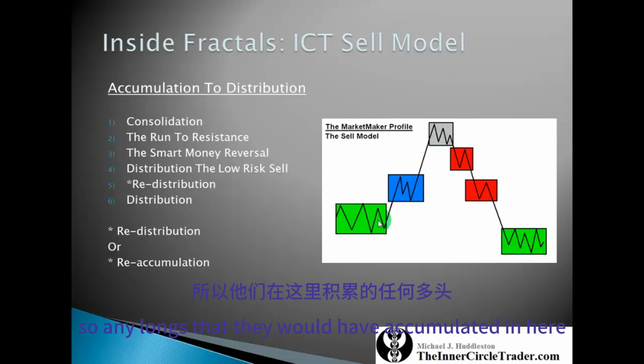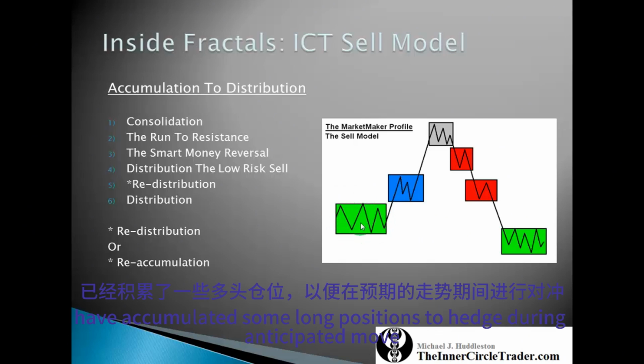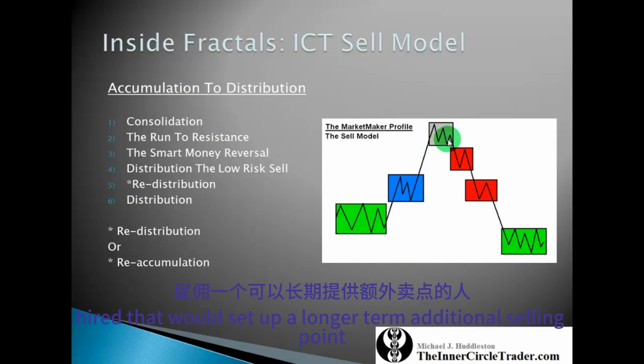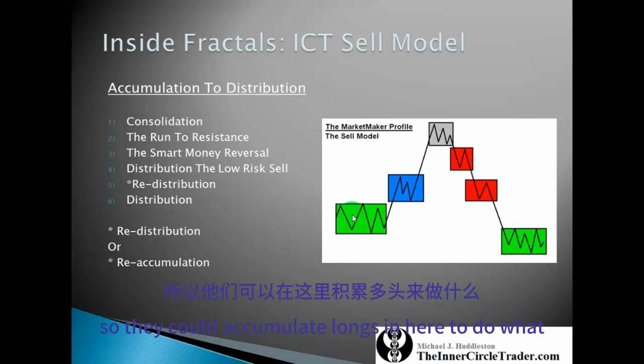Any longs that they would have accumulated in here or hedged on a larger time frame position, maybe this is a short bear market, and they would have accumulated some long positions to hedge during an anticipated move higher that would set up a longer term additional selling point where they could get more short positions in the marketplace for their longer term trade lower. So they could accumulate longs in here to do what? To hedge their short position, okay?